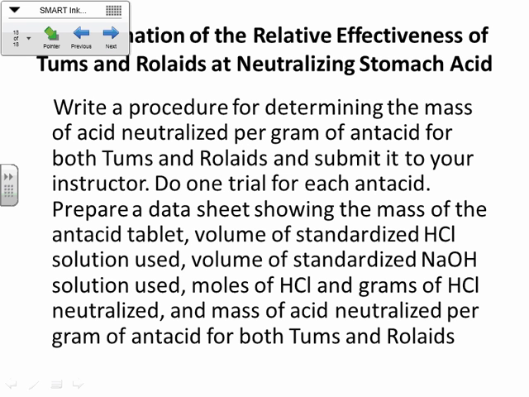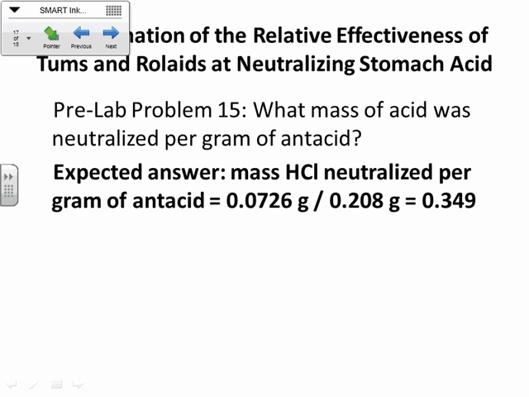Okay. So then you can imagine maybe a process in which we did this for two different antacid tablets, okay, and tried to figure out which one was more effective at neutralizing HCl. Okay.